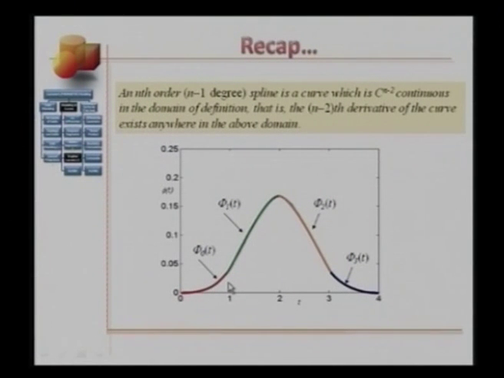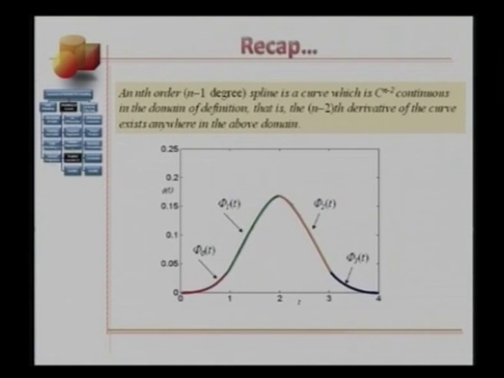Any curve for which these conditions are not there will not be a spline. Let me rephrase. Any nth order or n-1 degree curve which is not Cn-2 continuous will not be a spline. Too many negatives there.